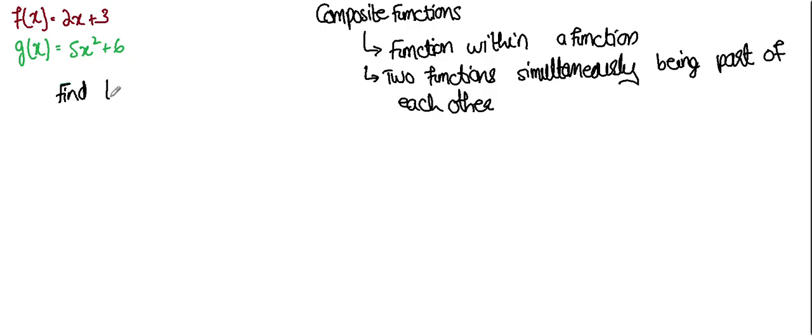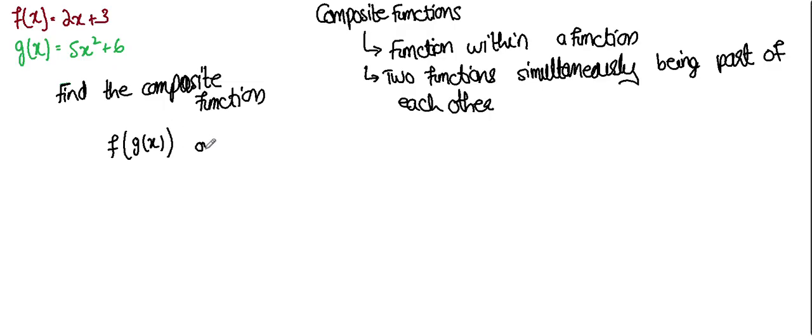Find the composite function f of g of x. This can also be written as f g of x. Okay, so both of these two things are actually the same, they're both equal.